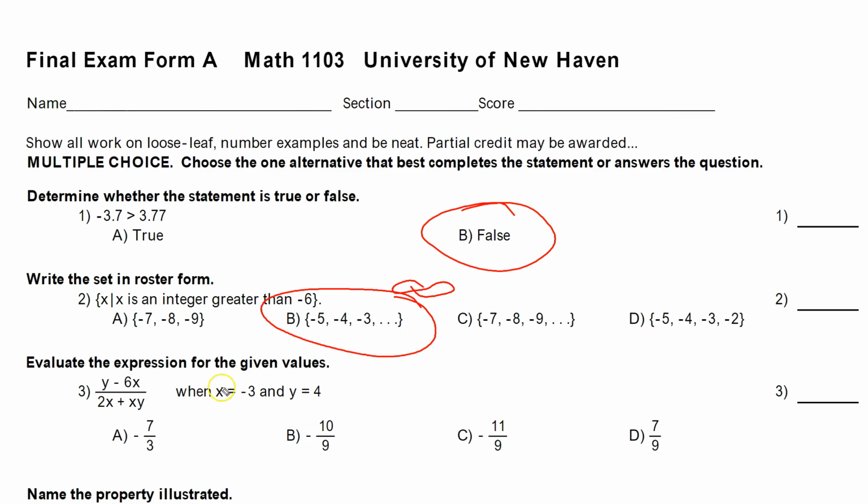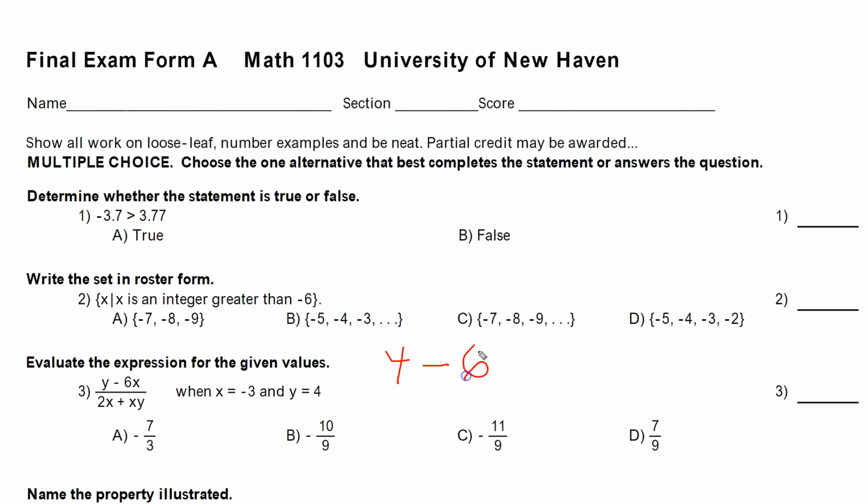Now, for example 3, and you're going to get some like this, is to substitute these values into this. So let's clear it up. And where there's a y, we put a 4. So 4 minus 6. And then our x is a -3.